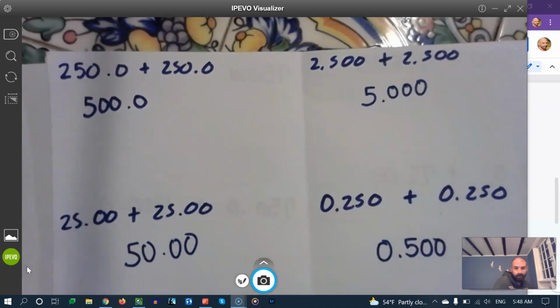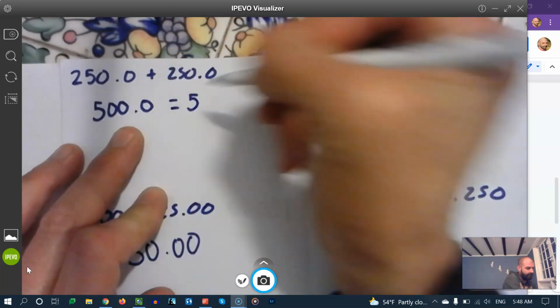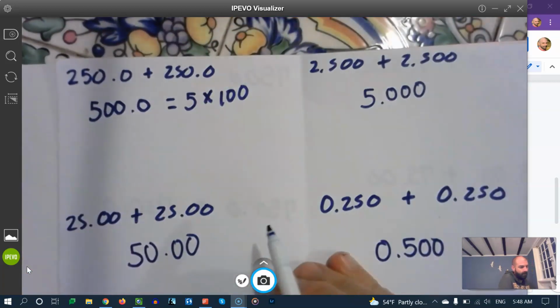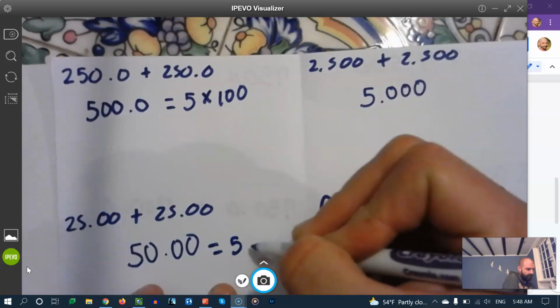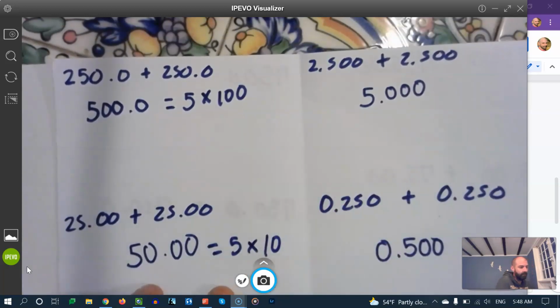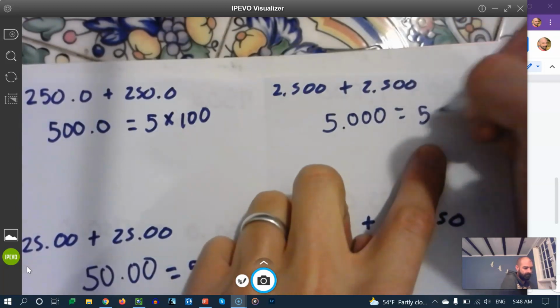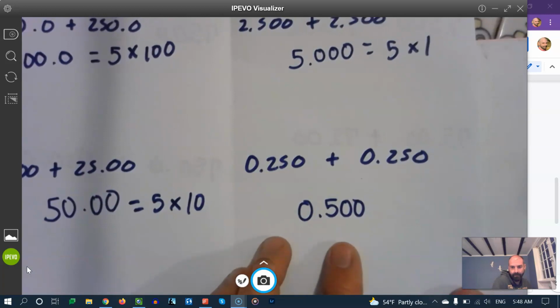We could think of this in terms of 5. If I think of 500, what is 500 in terms of 5? It's 5 times 100. What about 50 in terms of 5? That's 5 times 10. What about 5 in terms of 5? 5 times 1. And finally, what about 5 hundredths?